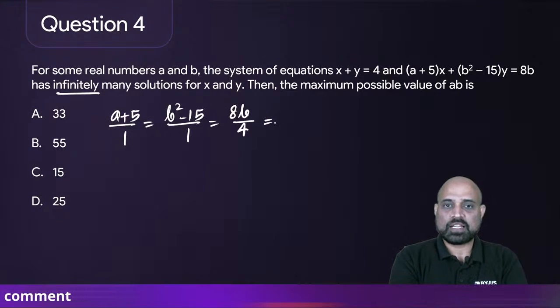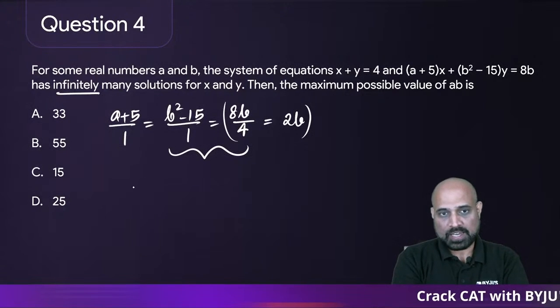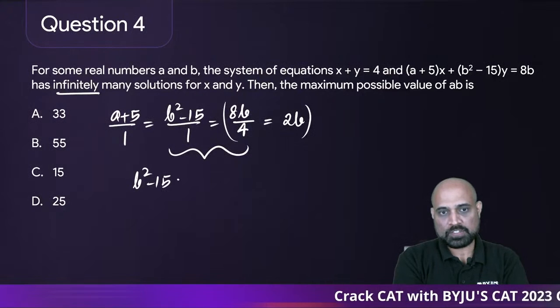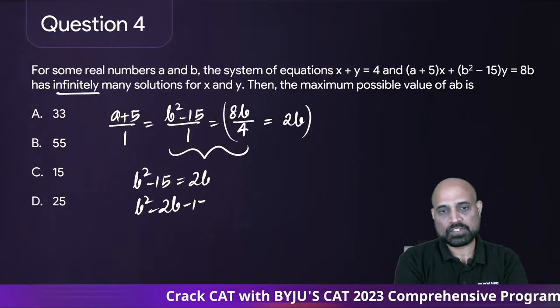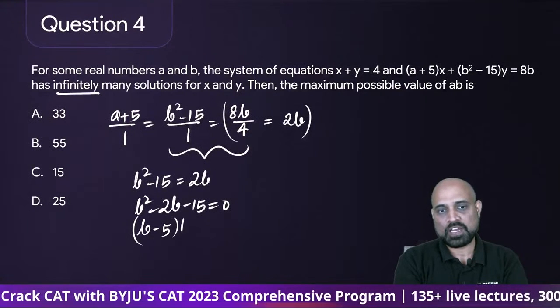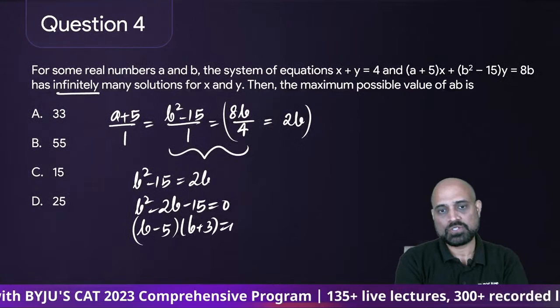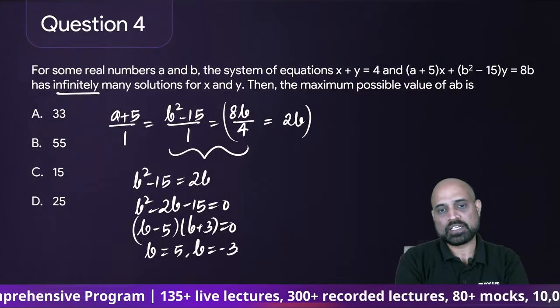Now this last is actually 2b, isn't it? So if we equate these, we'll have b square minus 15 is equal to 2b, or b square minus 2b minus 15 is equal to 0, or we can write this as b minus 5 into b plus 3 is equal to 0. This results in b is equal to 5 and b is equal to minus 3.